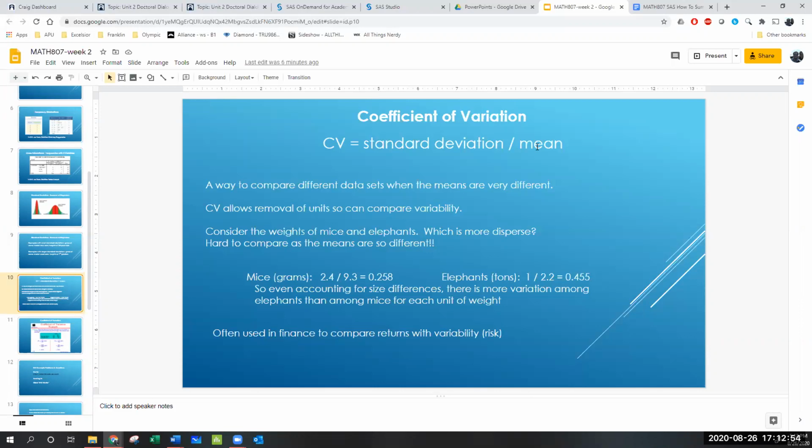It just normalizes it to the mean, and it lets you know basically how big your standard deviation is in terms of means. It's always going to be a decimal. You can't have a standard deviation bigger than your mean, because then that would mean you would have to have negative numbers.